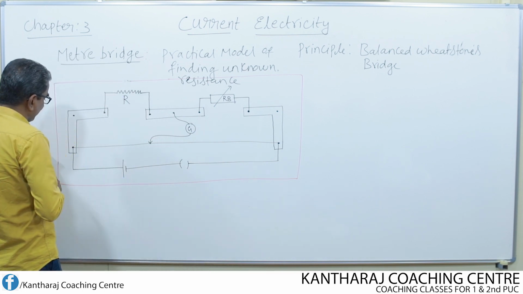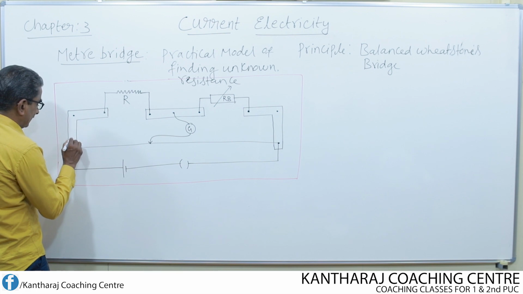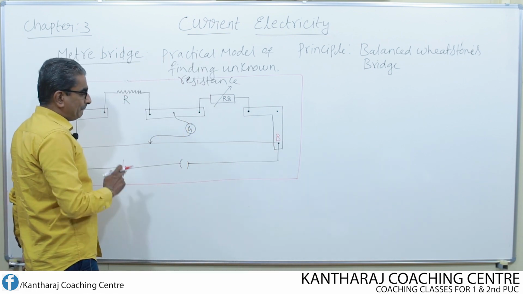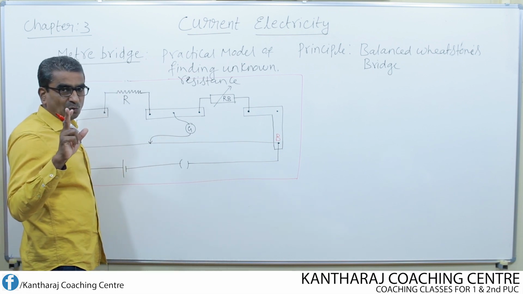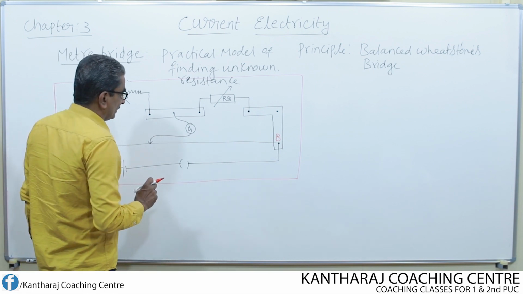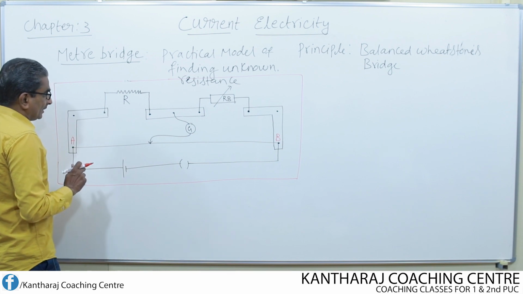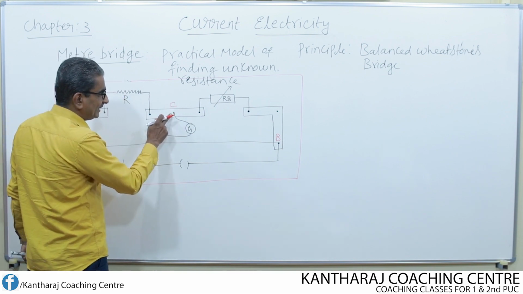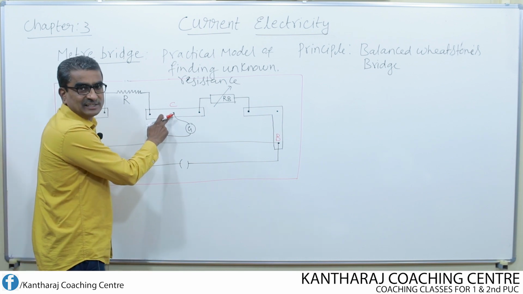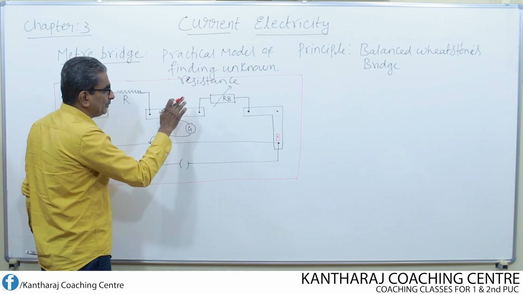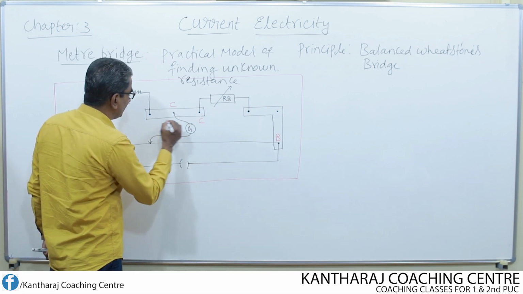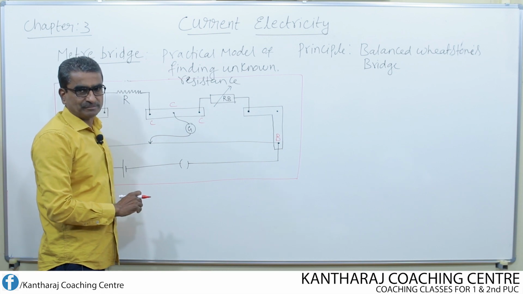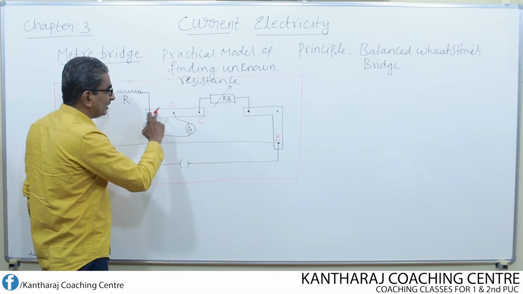Here, AB is the meter bridge wire of length 1 meter. Then let us consider this terminal as C. If this terminal is considered as C, then these two terminals will also be considered as C only, because all these terminals are present on the same strip, a common strip for all these terminals.